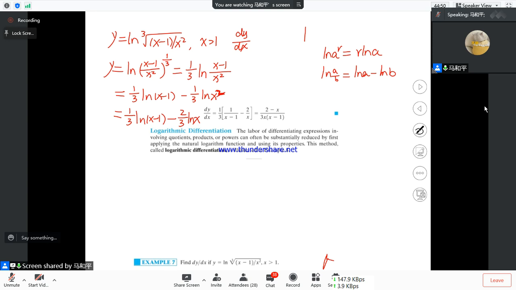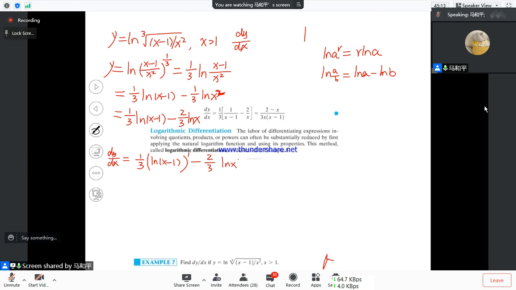And then we find dy over dx. This is not a product. We find it is equal to 1 over 3 ln(x minus 1) prime minus 2 over 3 ln x prime.